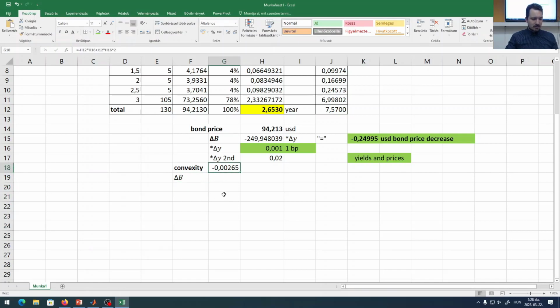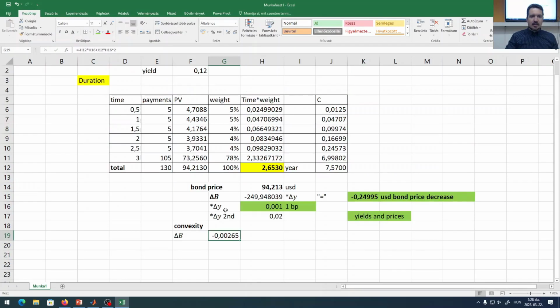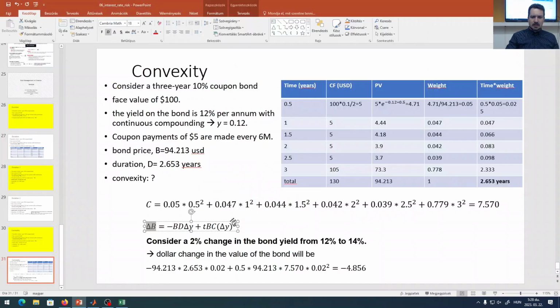And let's say that here we need also the delta B. Sorry, not the delta B, the bond price. Okay. So we have the negative B, the duration, which is this one.